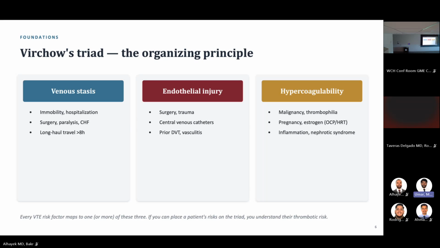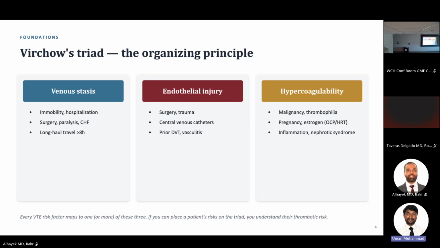All right. So hypercoagulability: any condition a patient has that causes their clotting cascade or clotting function to overwork. Like malignancy, inherited diseases that cause thrombophilia, pregnancy, oral contraceptives that have estrogen, inflammation, infection, nephrotic syndrome.